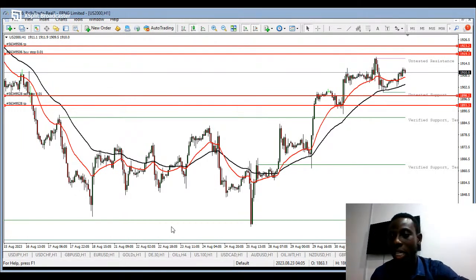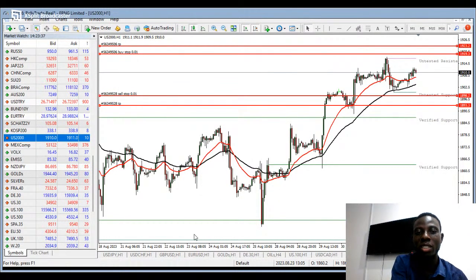Let's see. We started with USDJPY. We did USD CHF, GBP USD, Euro USD, gold, US 100, US 2000. So that's one, two, three, four, five, six, seven. That's seven instruments. But if you want one more, let's do AUD USD.